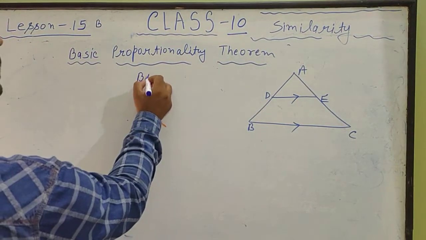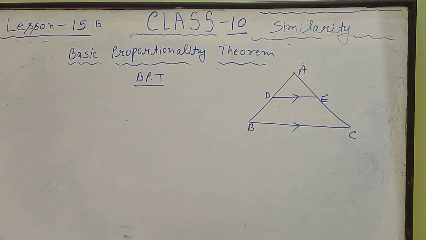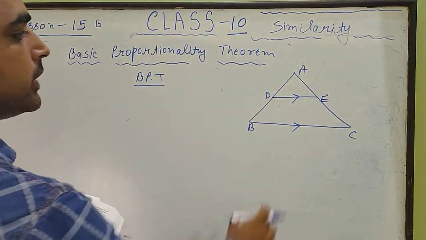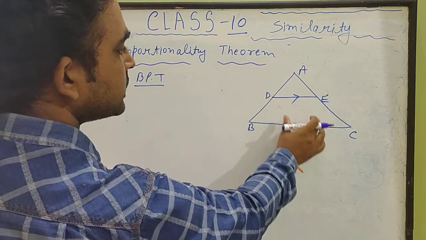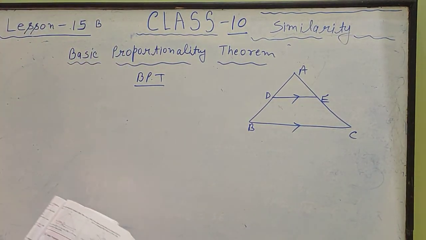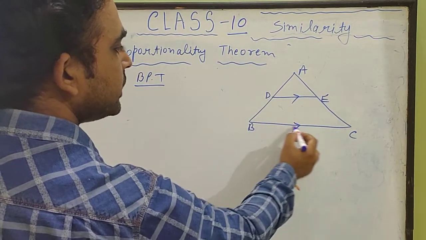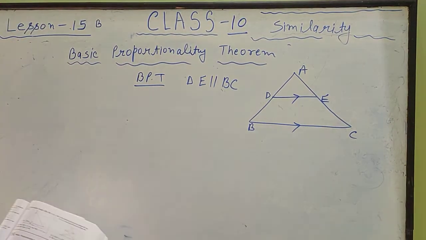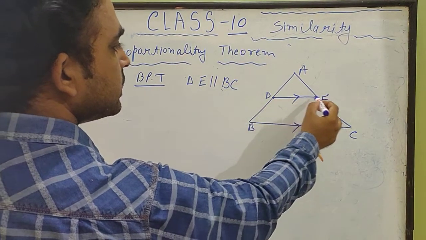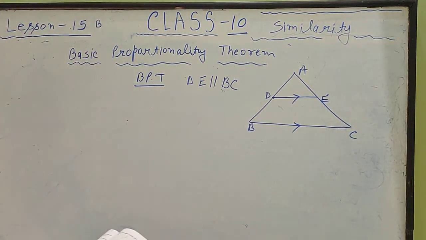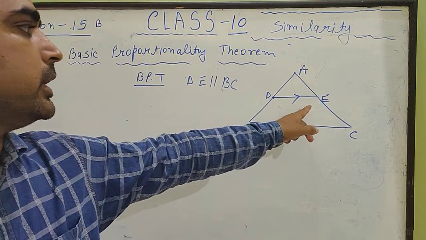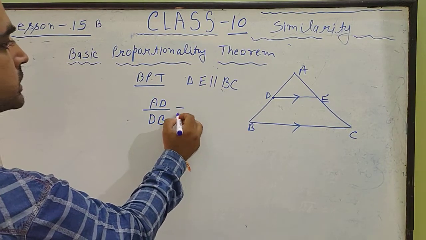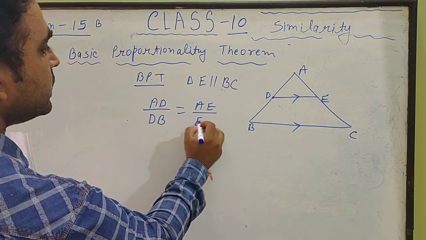According to this theorem, if in a triangle with three sides AB, AC and BC, one line is parallel to the third side, suppose DE is parallel to BC, starting from point D and reaching side AC at point E, then the ratio of AD upon DB is equal to AE upon EC.